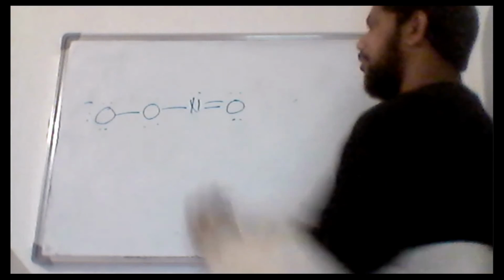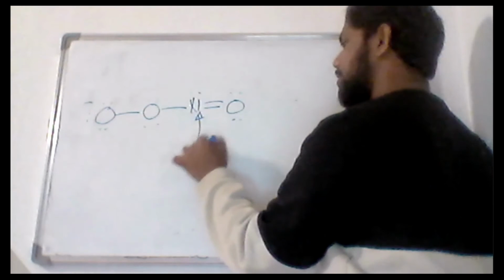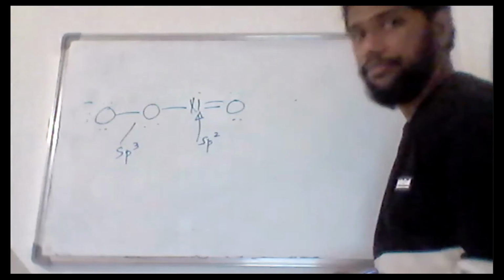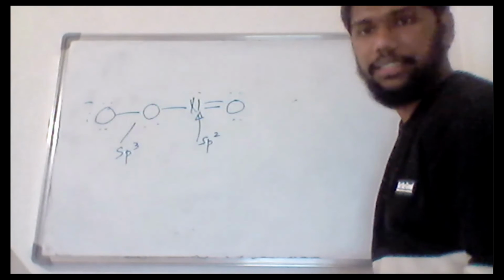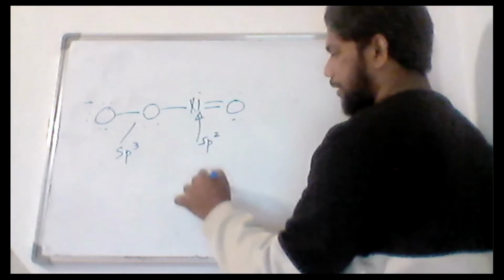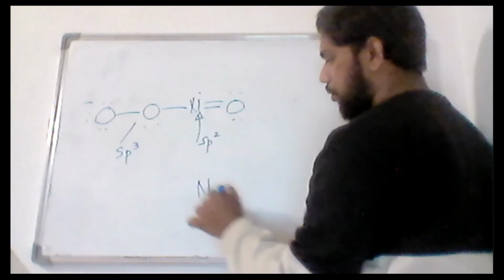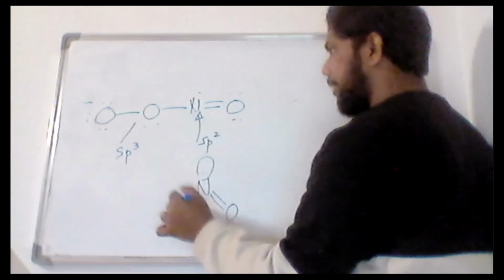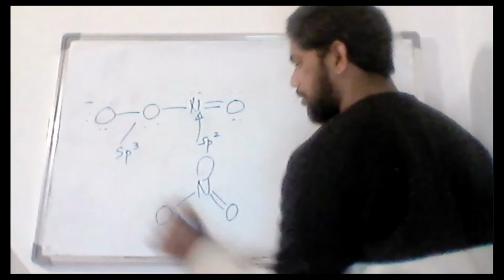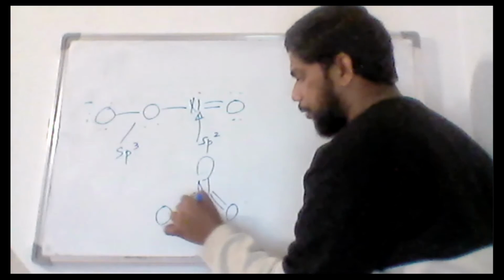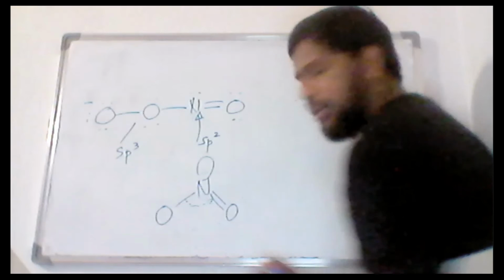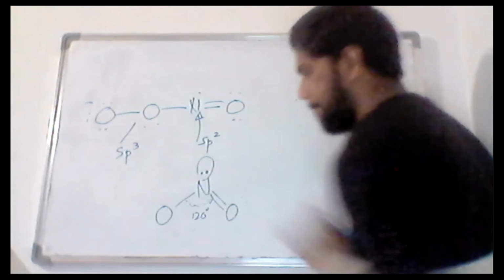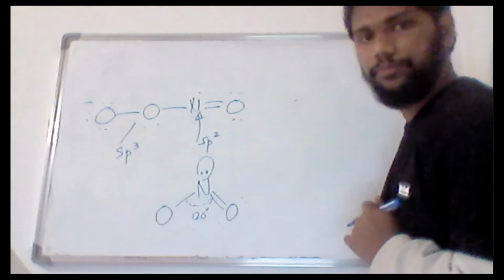Okay, now we found this hybridization is sp2 and this hybridization is sp3, which means, what is it? There is a lone pair here, so it can be drawn like this. Here is the lone pair, this is the oxygen, because sp2 means the bond angle is roughly around 120. sp2, remember.